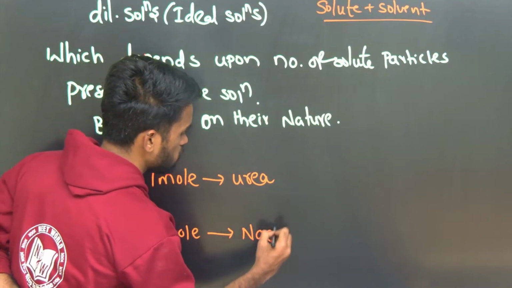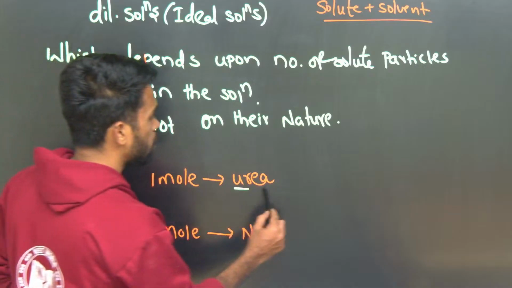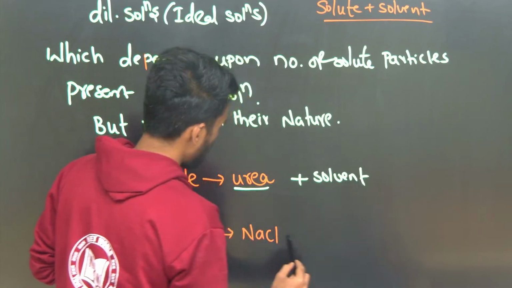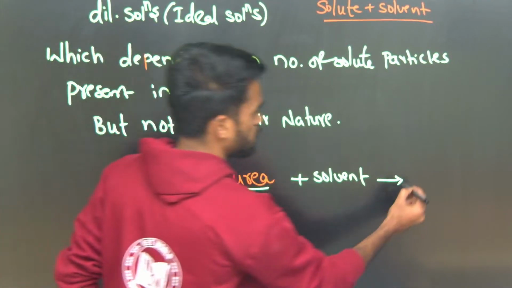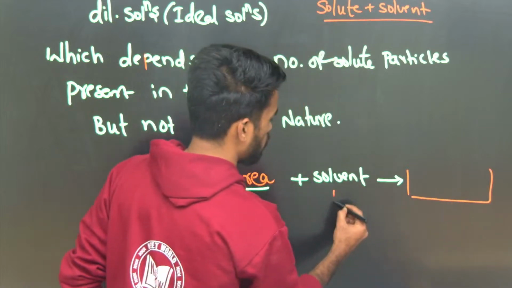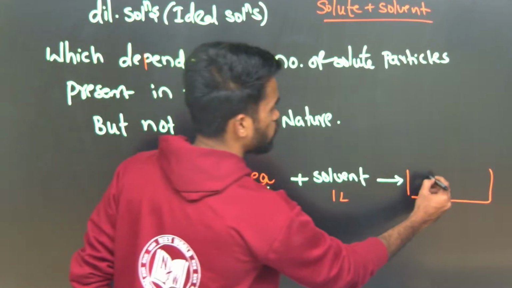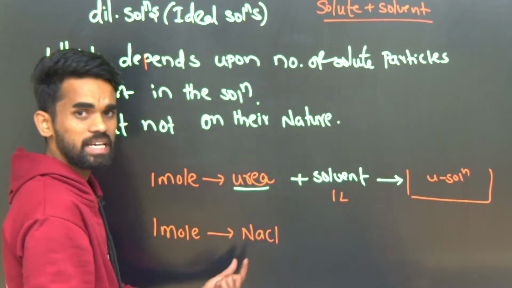Initially, when I add urea to a solvent like water, we get a urea solution. Say 1 liter of the solution is made. And here also I am adding NaCl salt.